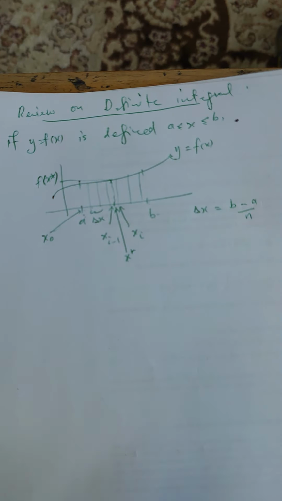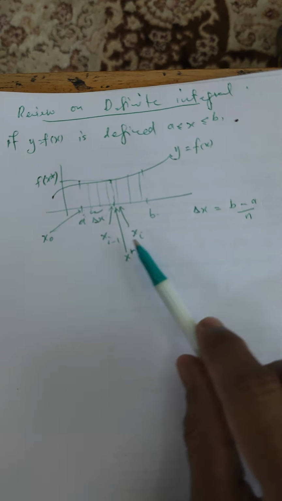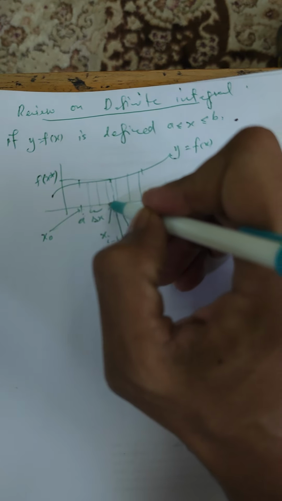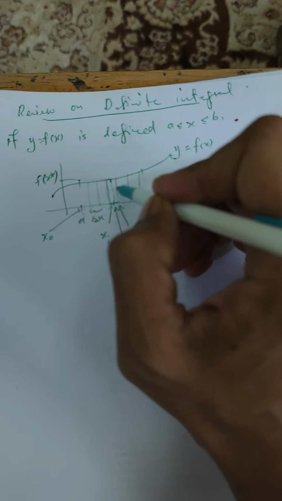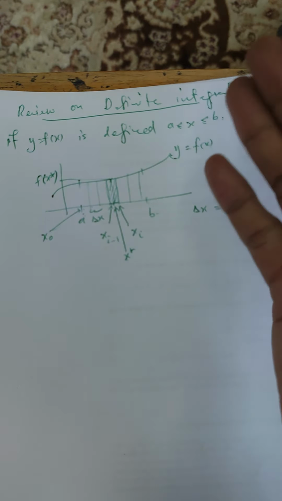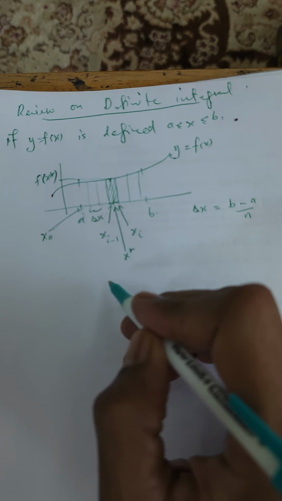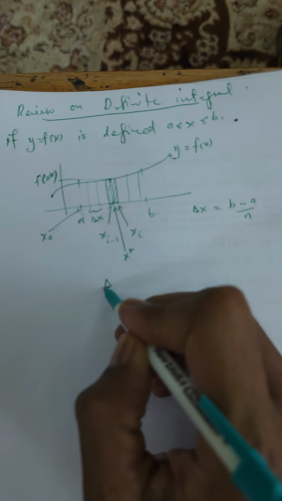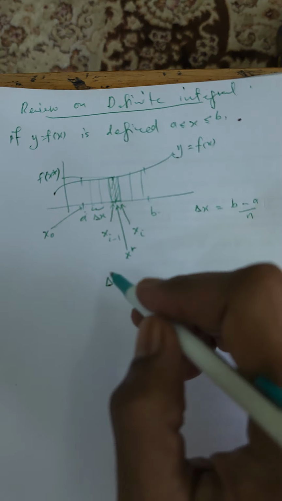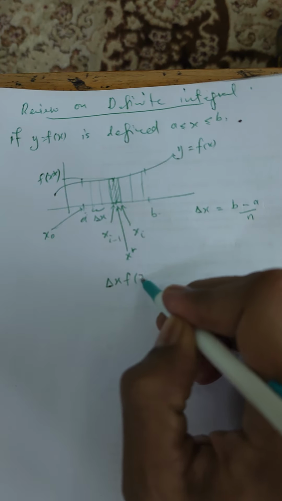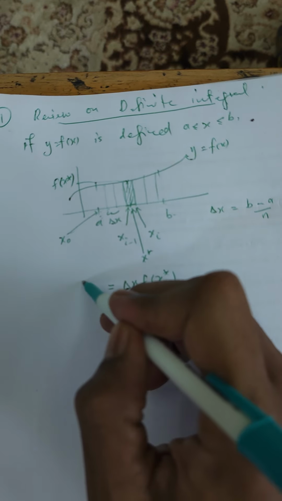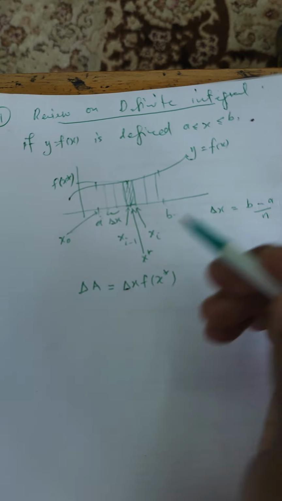If you multiply delta x with the height f(x star), that gives you a rectangle, of course with some error, and that gives the part of the area.